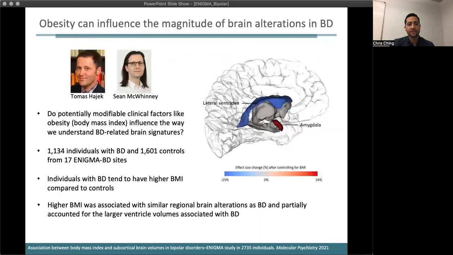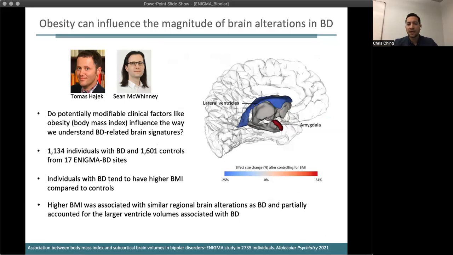Now, one of the other things that we've been trying to do is look at how potentially modifiable clinical factors like obesity might influence the way we understand bipolar-related brain signatures. So in this study, combining data from 17 ENIGMA bipolar sites, we found that on average, individuals with bipolar disorder tended to have higher BMI, body mass index, compared to controls.